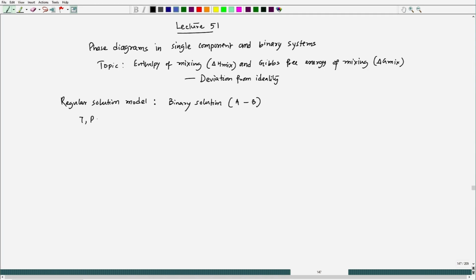So, T and P, with P being 1 atmosphere, are taken constant, and we have taken 1 mole of solution. So, X A and X B are the mole fractions of A and B, that lead to 1 mole. So, all the quantities, Gibbs free energy terms as well as enthalpy terms, are based on 1 mole.